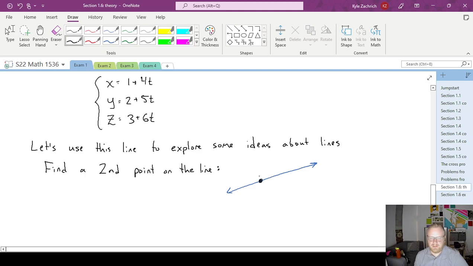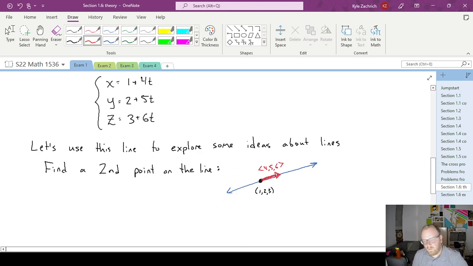Here's 1, 2, 3. And we know the direction that this line is traveling in is 4, 5, 6. So if we line that vector up there, that vector is the vector 4, 5, 6.